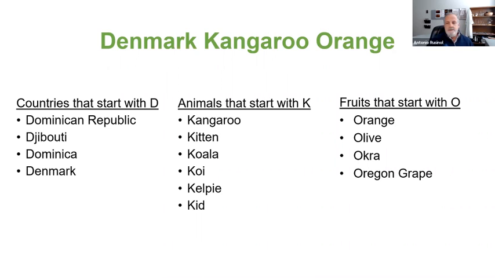I also like the way it makes you think how our preconceived notions, like it's much easier to think Denmark than Dominican Republic for most people in the US, except baseball players or baseball fans, or kangaroo than koi or kelpie.